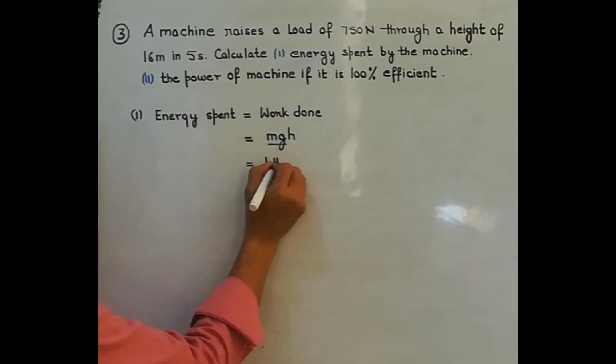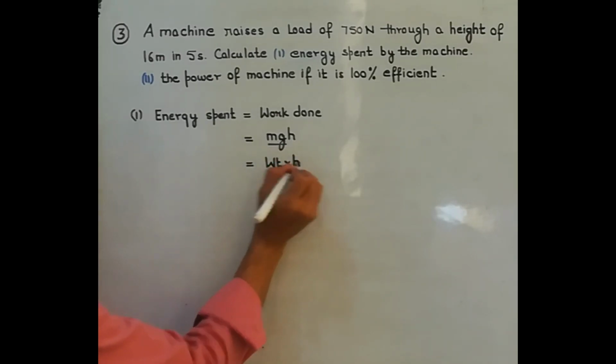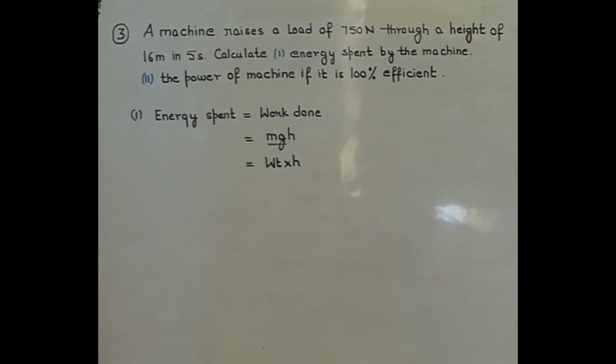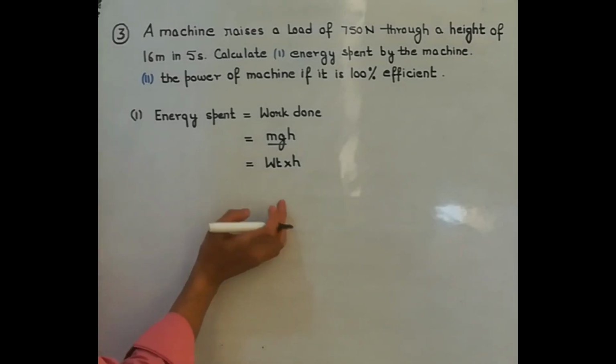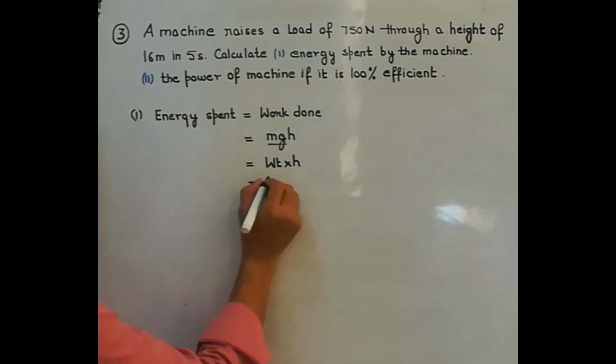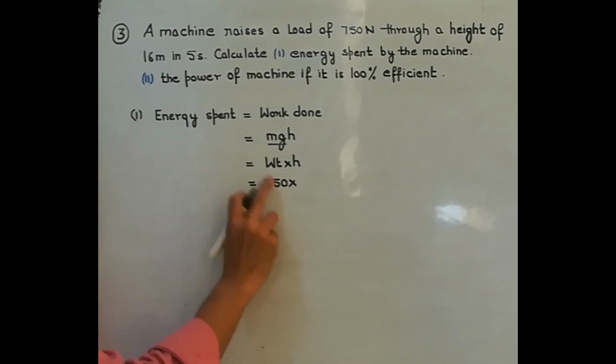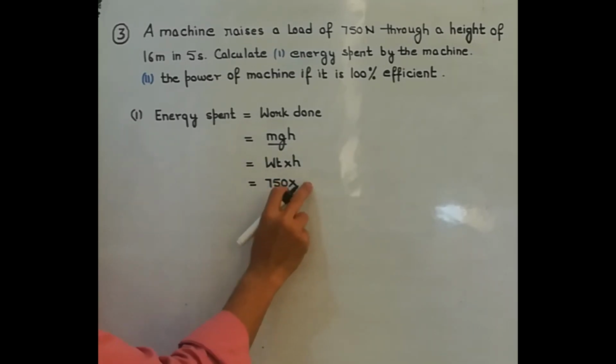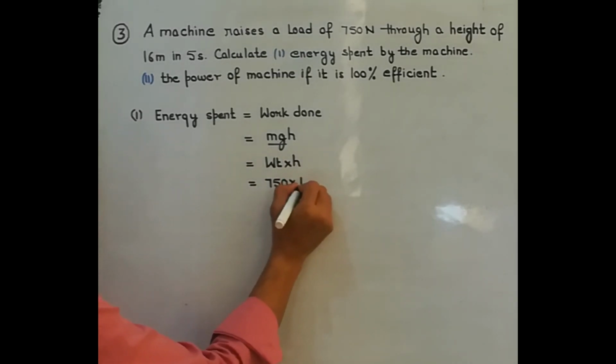So you can write it as weight into height. Weight means load of the body. So the machine is raising a load of 750 Newton. So that's the load given, that is the weight, that is mg, 750 into height. Height is 16.